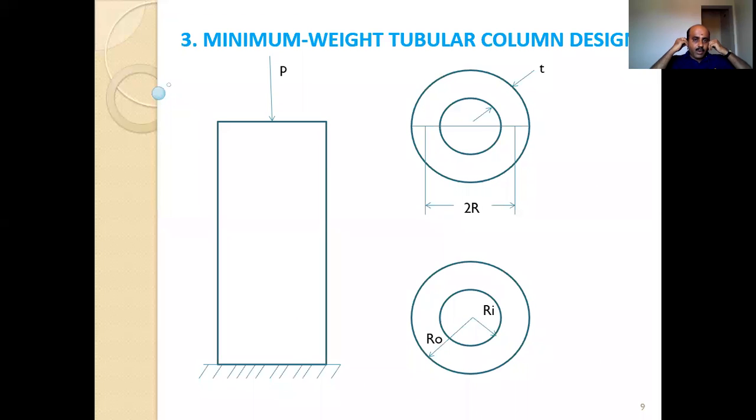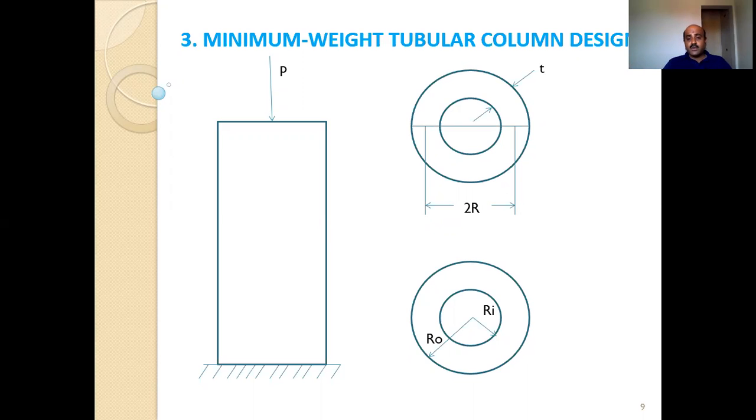Then we have another problem, minimum weight tubular column design. This is the diagram of the column. A column is basically a long member which can withstand a compressive load. This tubular column design can be formulated in two different approaches, formulation 1 and formulation 2.